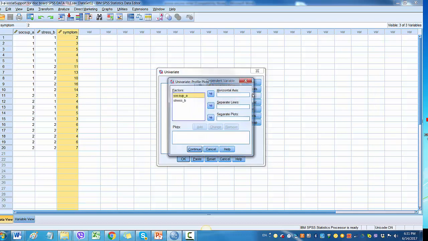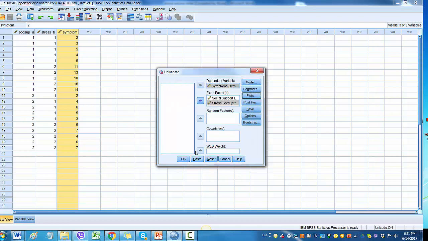Then we want to check the plot between A and B. So I can put stress on the horizontal axis and social support in separate lines, so I can see the interaction between A and B or B and A. Continue. Post hoc is not applicable since we have only two levels.